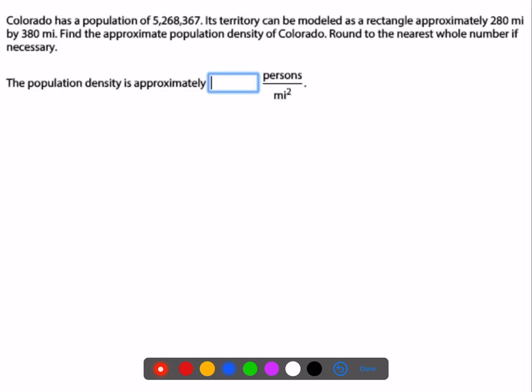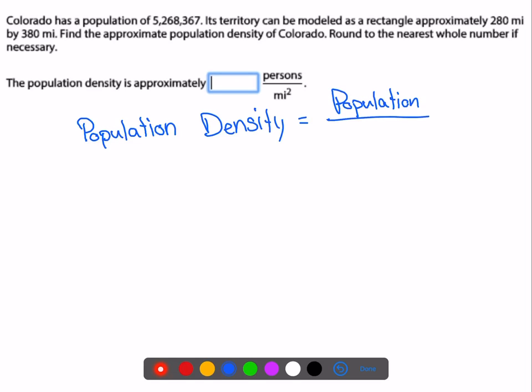Population density for this test. So, if you don't recall, population density is equal to population over the area. So, we're going to go ahead and work through this problem.